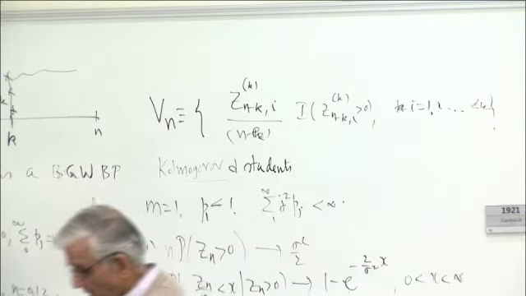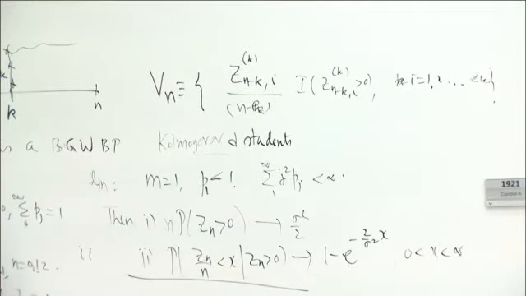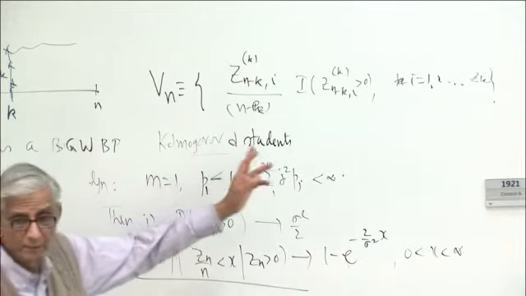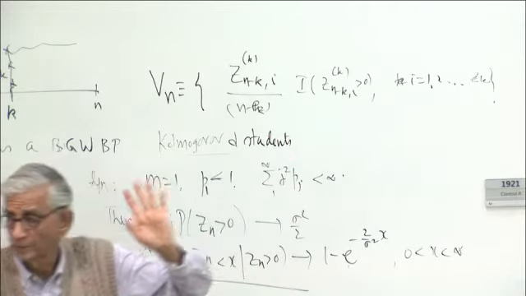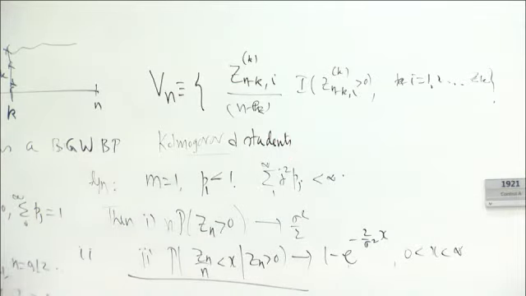In other words, I go to level k, there are Z_k individuals, each of them initiates a line of descent, and then look at what happens to their population size in each one of them, divide that by n minus k, and look at only those lines for which the population is not extinct by time n.